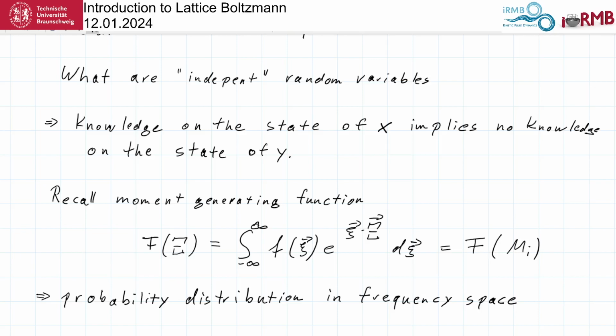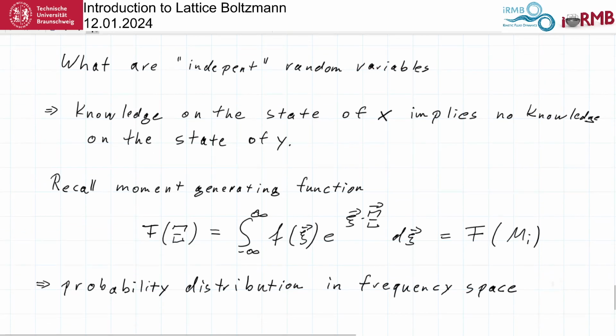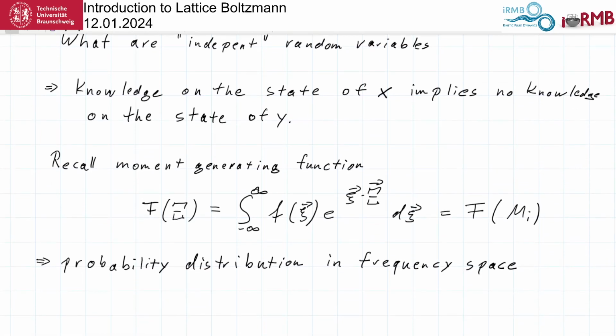So what makes statistical variables independent of each other? Same question as before. When would they be independent?